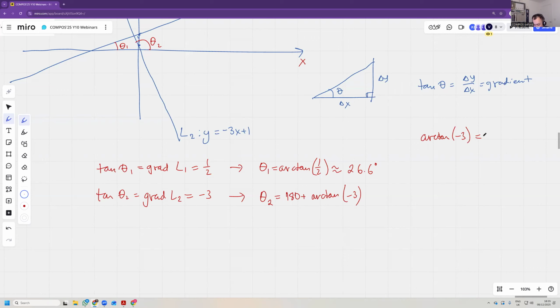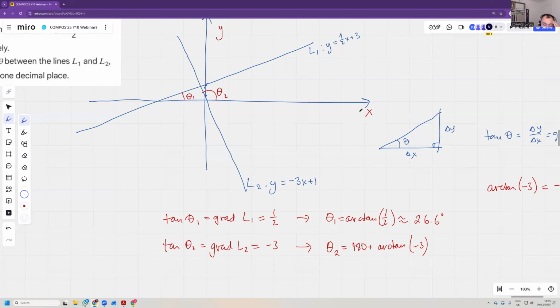I mean, it does, but tan⁻¹(-3) is -71.6 degrees. Now, what does that mean? Well, that's actually this angle because we count anti-clockwise from x.